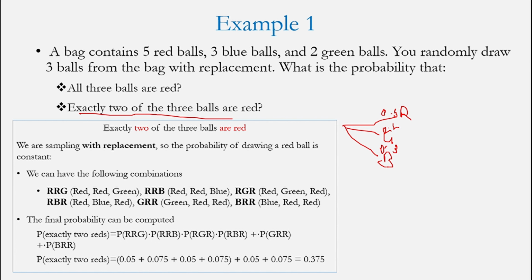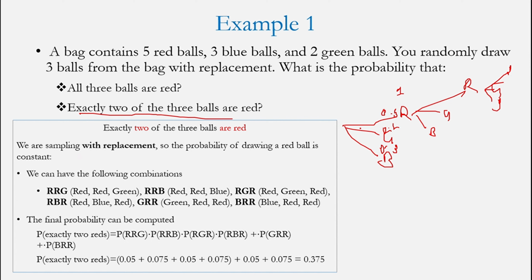This is the first draw. Then we also have a second draw, the same selection, R, G, B, and then the third one also, R, G, B.